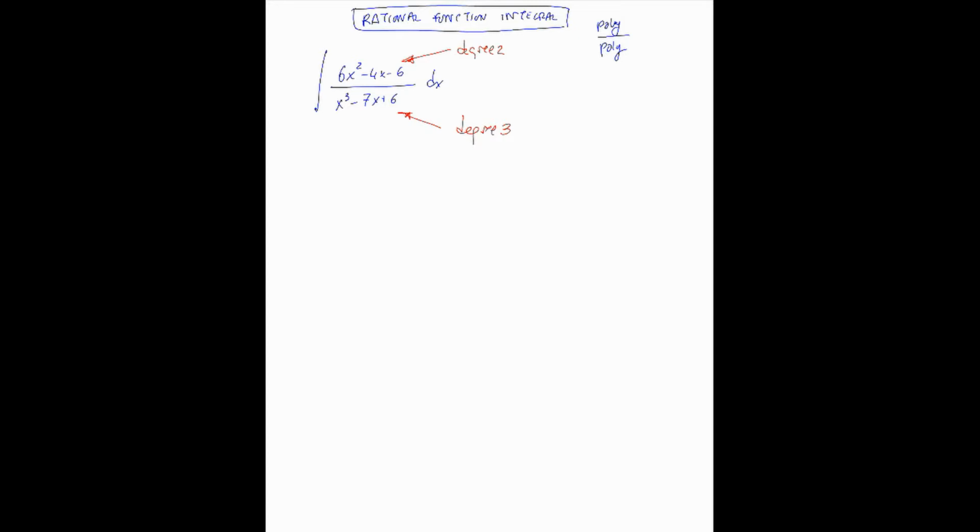We need to split the denominator, this x cubed minus 7x plus 6. We need to find the roots of this. To do that, we do some Ruffini, so x cubed goes to 1, x squared is 0, x is minus 7, and the independent term is 6.